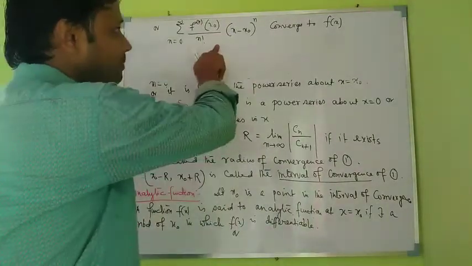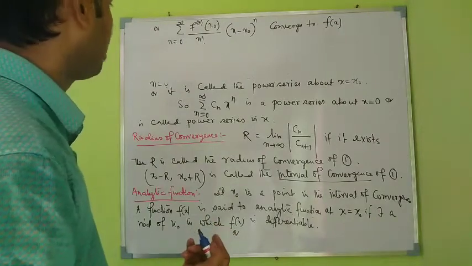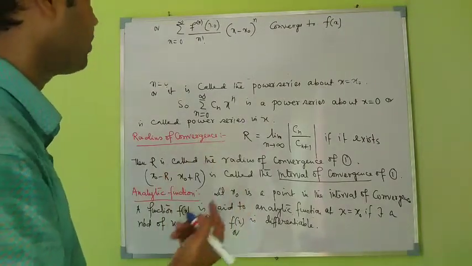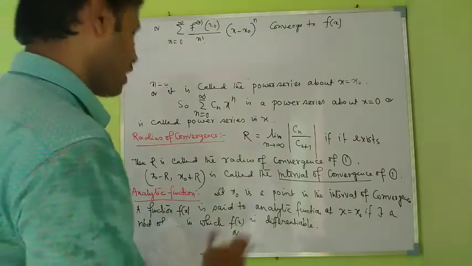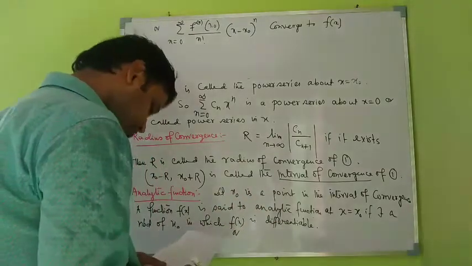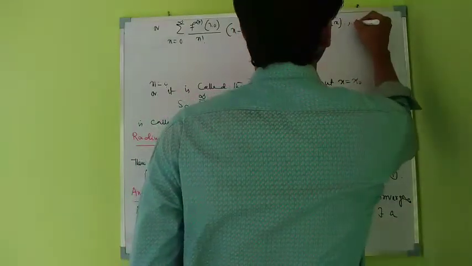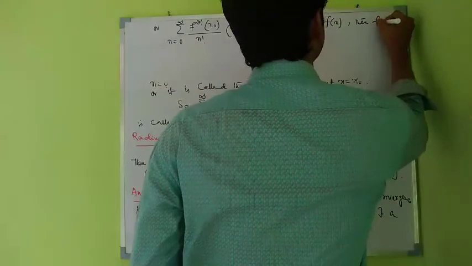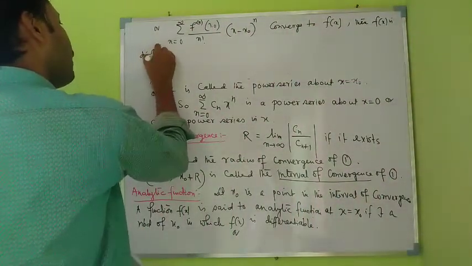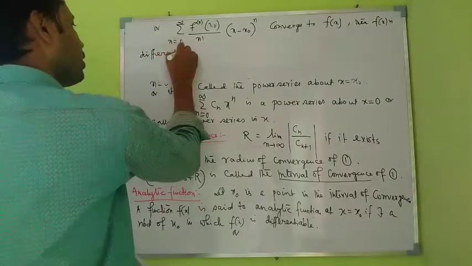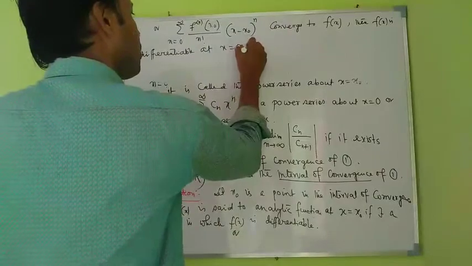This Taylor series, if it converges to f(x), then we call the function analytic at x equals x naught.